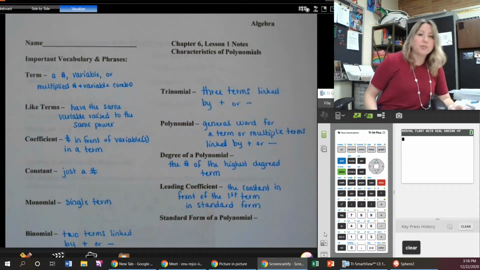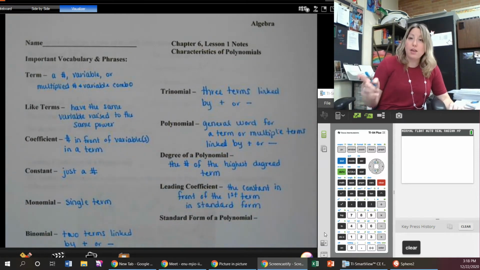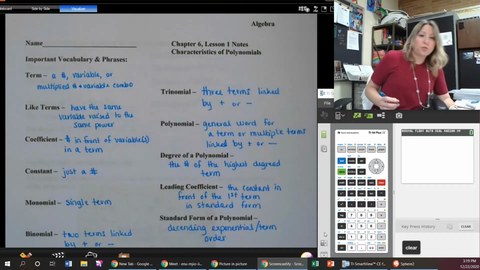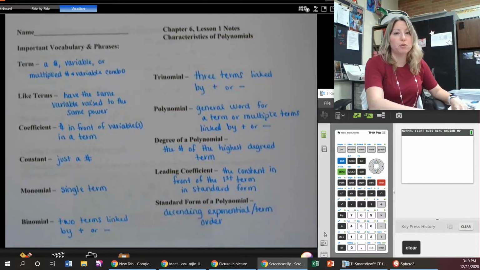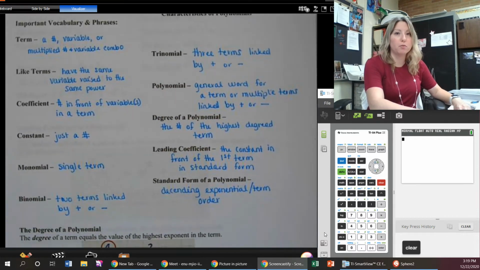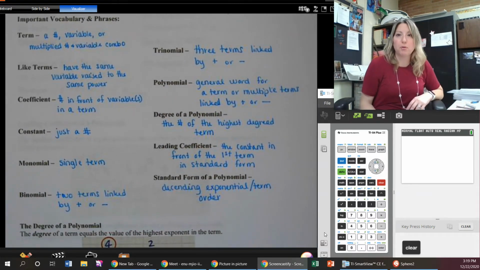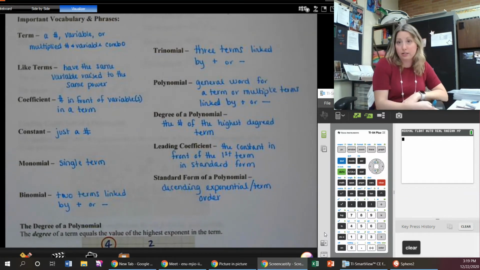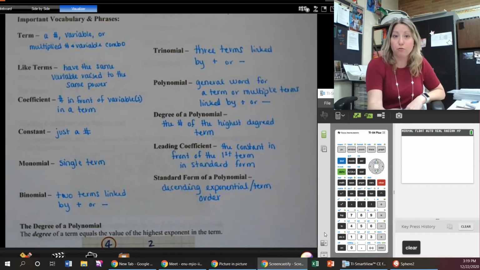And standard form is another thing we're going to study specifically here, and that would be descending exponential term order. If there are multiple exponents with multiple variables, it gets a little dicey for standard form. It gets a little more difficult. But standard form is typically very general as far as descending exponential order, starting with the highest exponent term and then getting down from there.